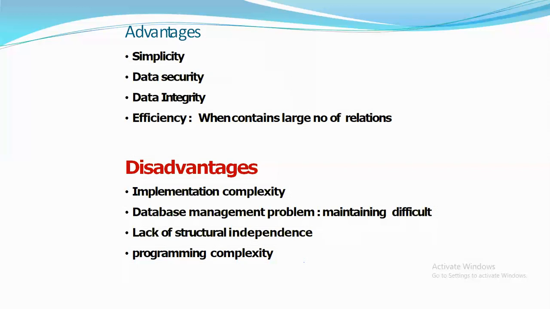But the general tree implementation is very difficult because each node has any number of children. That is a very complex process to implement. That is the one major disadvantage of the hierarchical model: implementation complexity.